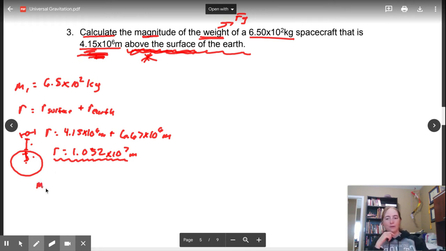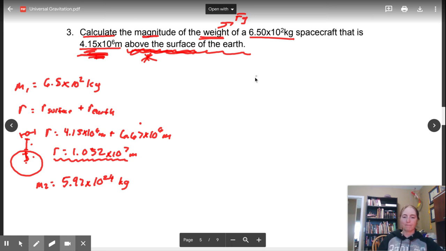Now M2, mass of Earth, right off the back of your data sheet. Okay, ladies and gentlemen, let's begin. Write out your equation. I'm going to make a mistake. That's good, right? Wrong.